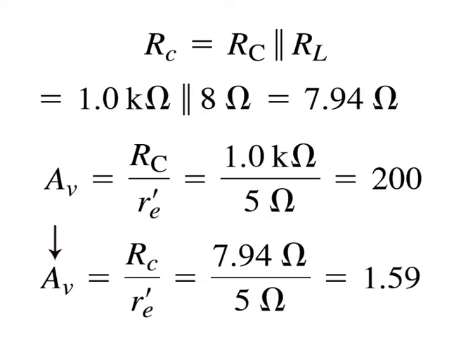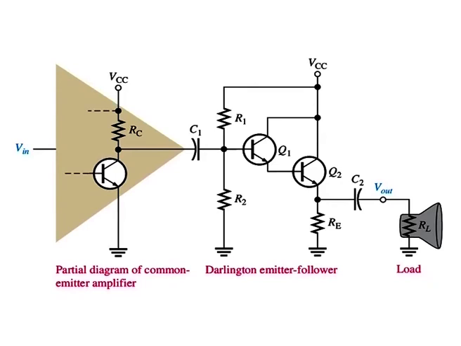Av is equal to Rc over re, which is 7.94 ohms divided by 5 ohms, and the result is 1.59, and this is with the 8 ohm speaker load. An emitter follower using a Darlington pair can be used to interface the amplifier and the speaker as shown in the figure here.